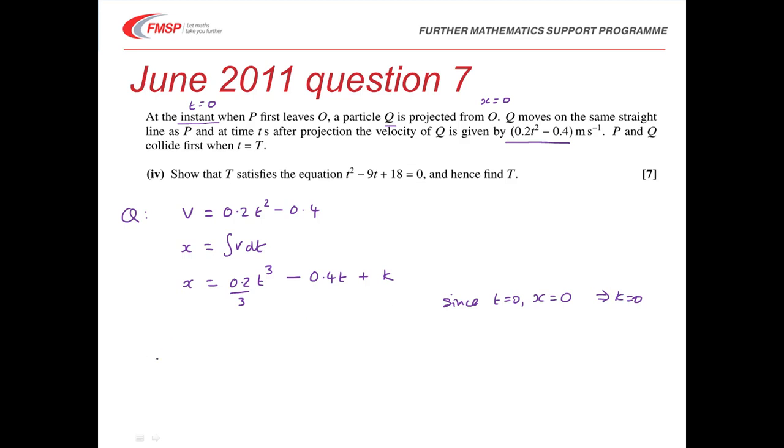So my expression then is for q that x is, now I'm going to multiply top and bottom of this by 10 simply because I don't want to write a nasty decimal, minus 0.4t. Well, that's for q, and I also know what's happening for p. I've got this expression which I found by integration earlier.